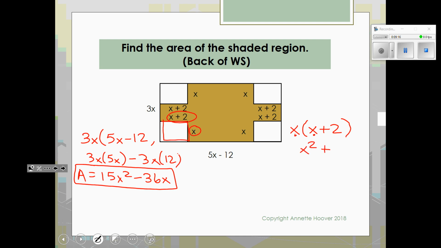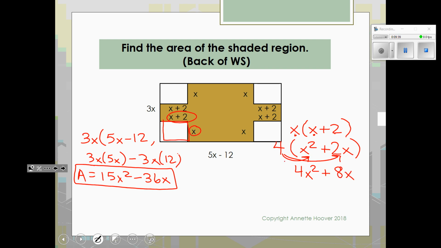Then we have x times 2, which is 2x. But we have 4 of these boxes. So now we need to take this binomial and multiply it times 4 to figure out what the area of all 4 squares would be. So 4 times x squared is 4x squared. 4 times 2x is 8x.